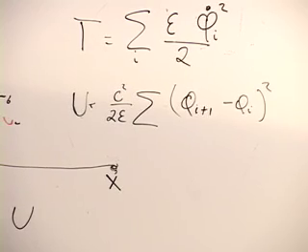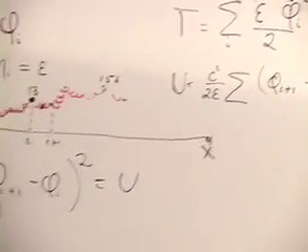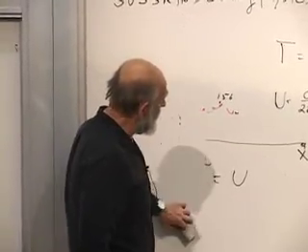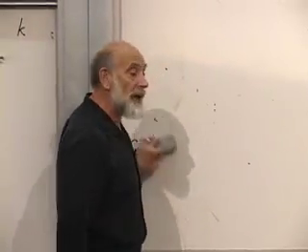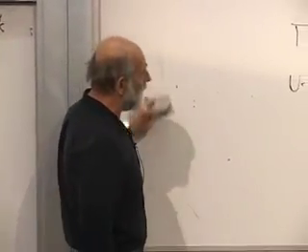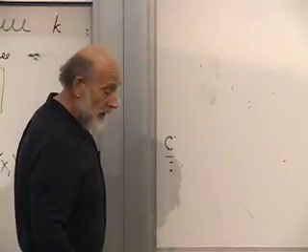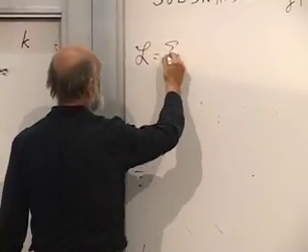Well, now we have everything we need to write down the equations of motion of this system. We have T, we have U, we can write down the Lagrangian. And once we have the Lagrangian, we can apply the Euler-Lagrange equations to each one of the separate phi coordinates. So the Lagrangian is the summation over i.